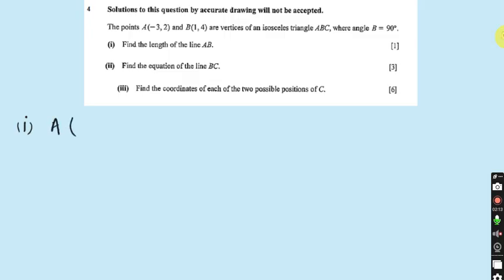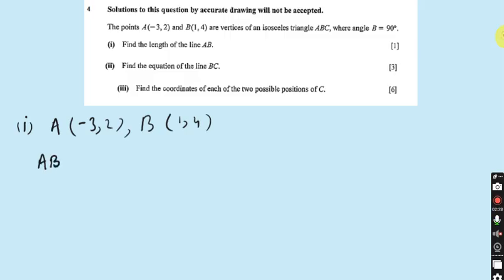So A coordinate is (-3, 2), B coordinate (1, 4). So we have to use the distance formula. The meaning of length and distance both are same.